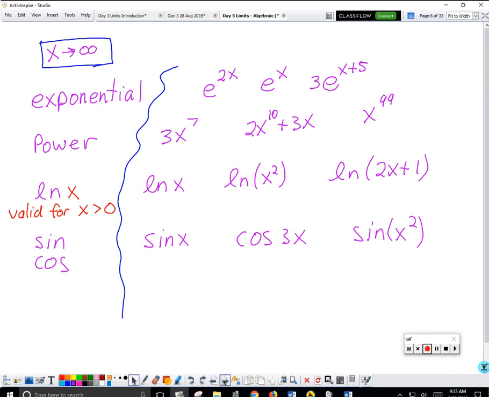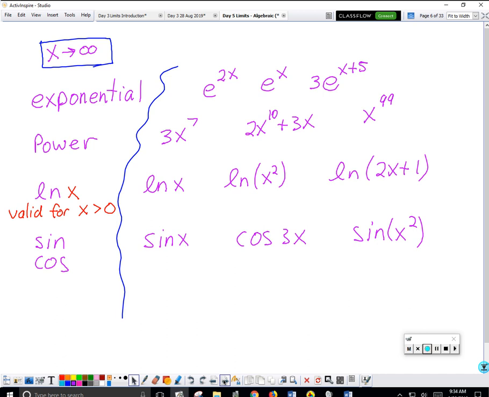However, you have to memorize that exponentials grow the fastest, then power functions, then the log. There have been quite a few questions over the years on the AP test that will test your memory of that fact. So that's just something you have to have memorized.